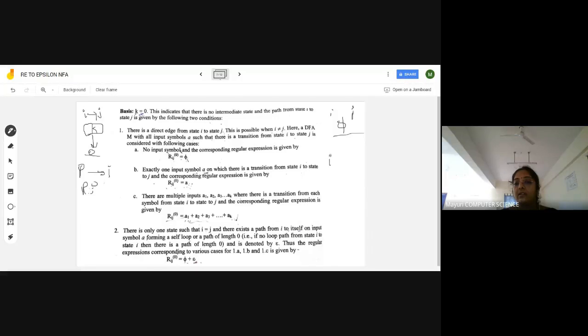One more case is I go from I to J where my input is a. So, for no input symbol, the corresponding regular expression is given by R_ij power 0 equal to phi, where I is not equal to J. Fine.